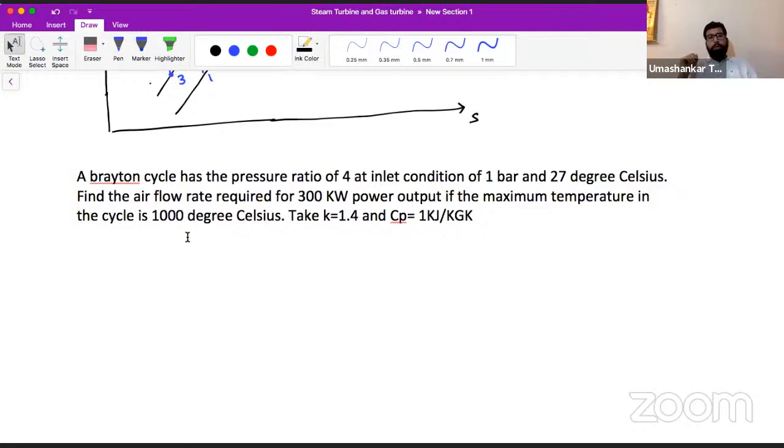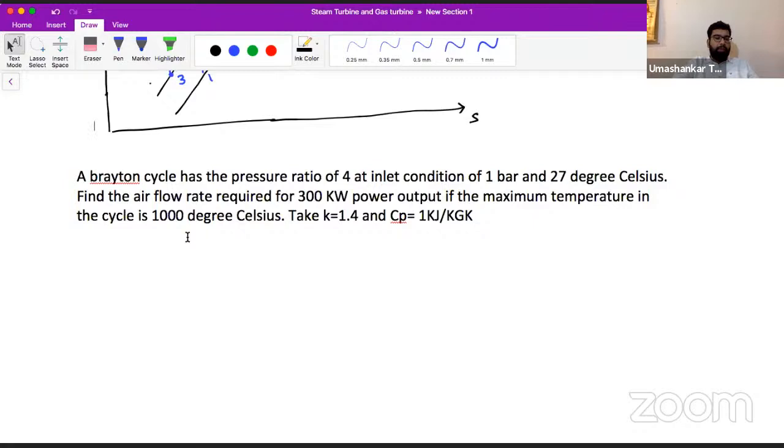Okay, so just do this question, a very simple question. I hope all of you can do it. It is a simple ideal Brayton cycle question.